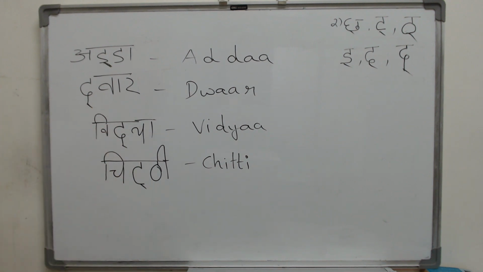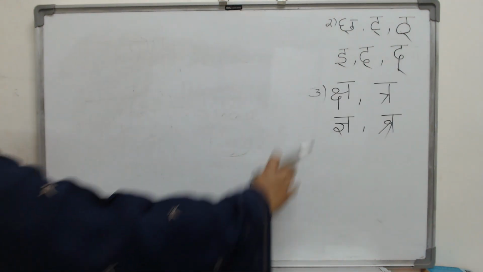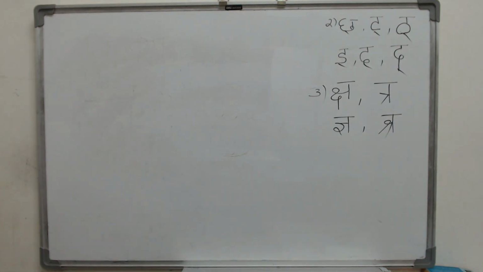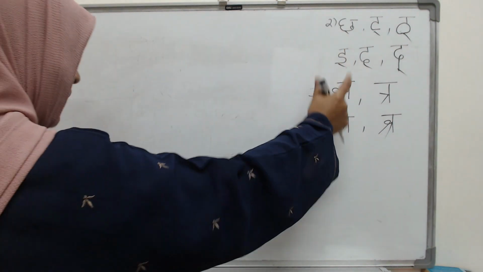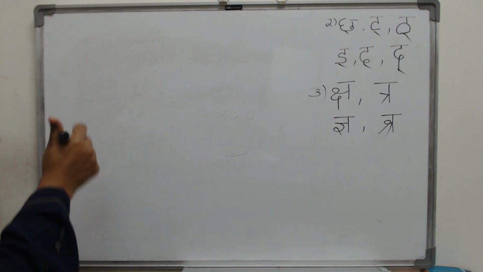Now we come to our last set of letters. These are called Sanyukt Akshar or combination letters. Why do we call it a combination letter? Because it looks like one alphabet, but it is a combination of two alphabets, the first of which comes without any vowels added to it.